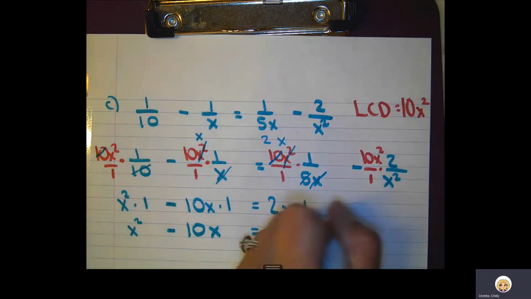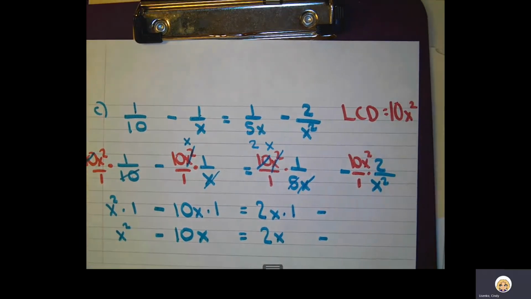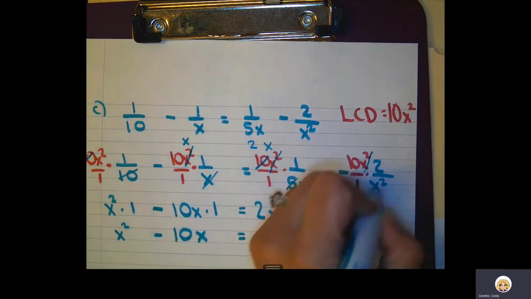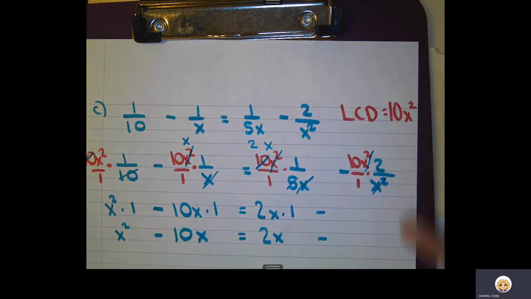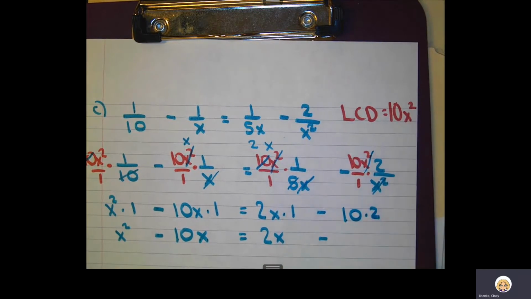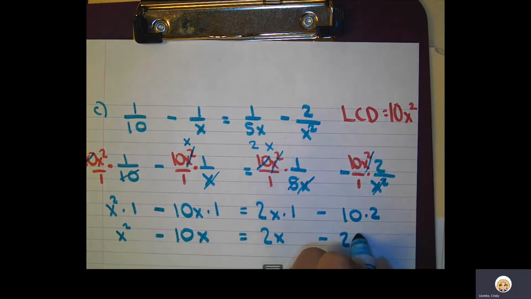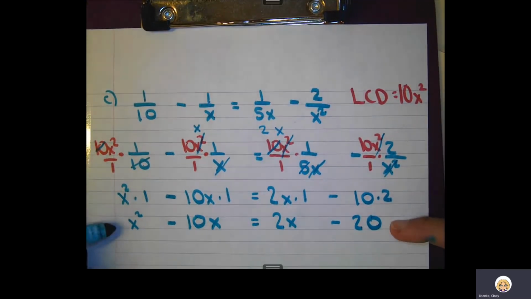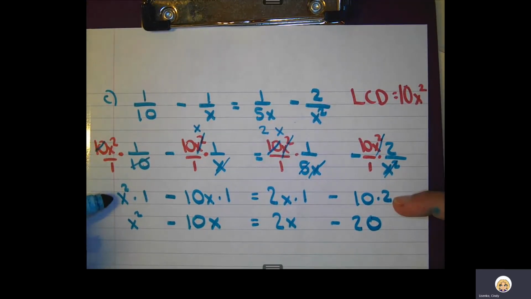Moving over here, bring down the minus sign. If you look, we have an x squared on the top and an x squared on the bottom, so I get to cross those out because they cancel. I'm left with just 10 times 2. Well, you can skip that step. 10 times 2 is 20. So there's our new equation. So this is what we have. And of course, you could skip this little step since we're just multiplying most of these by 1.